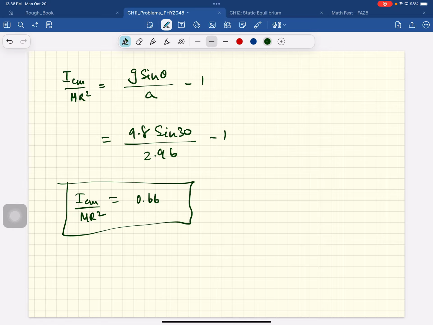All right, so it's that, which is roughly 2/3.